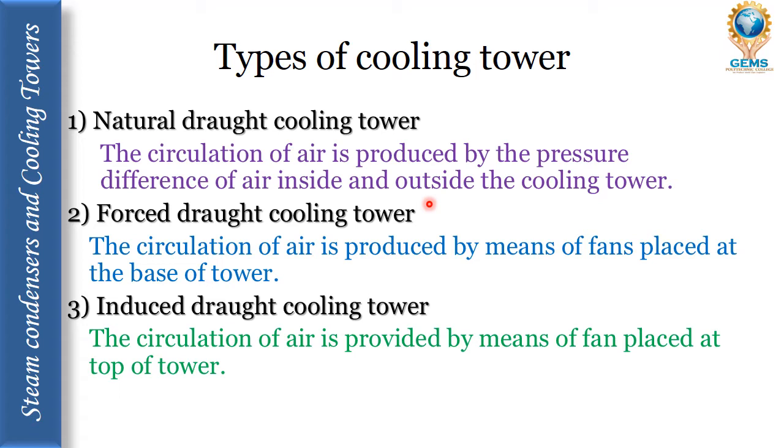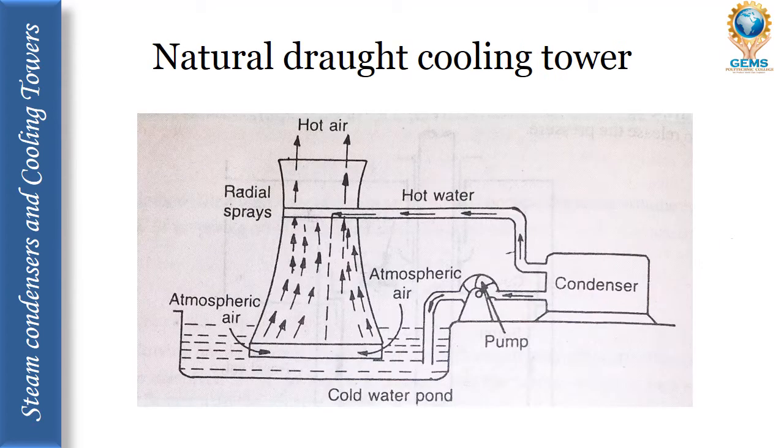In the induced draft cooling tower, the circulation of air is provided by means of fans placed at the top of the tower, that is, at the exit of the air.